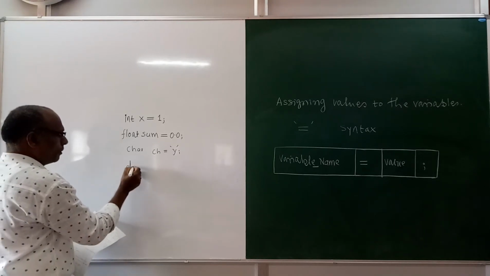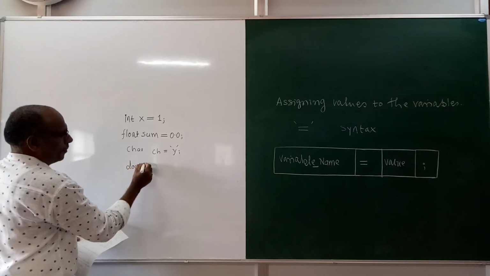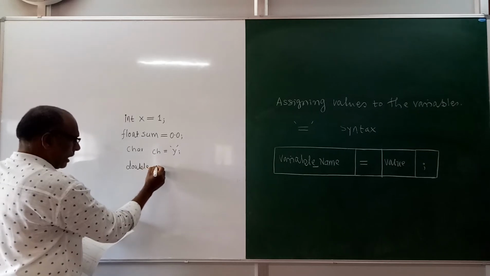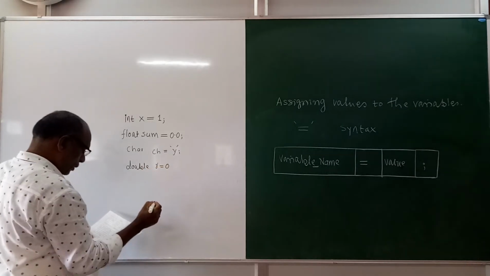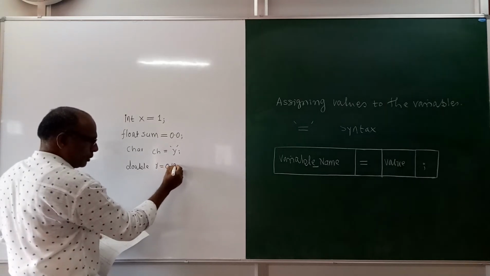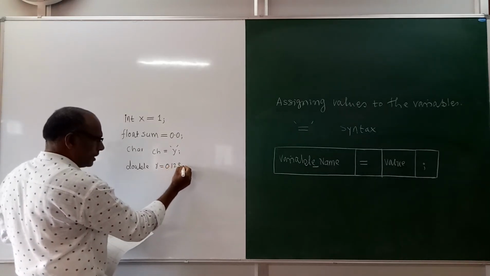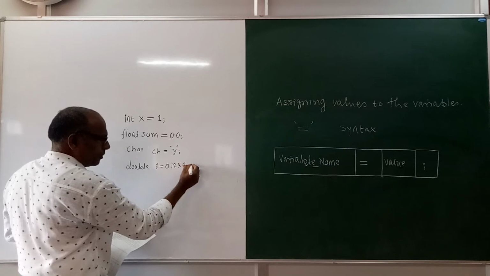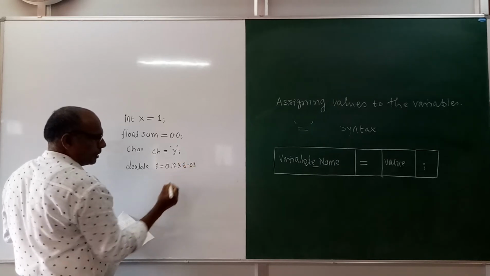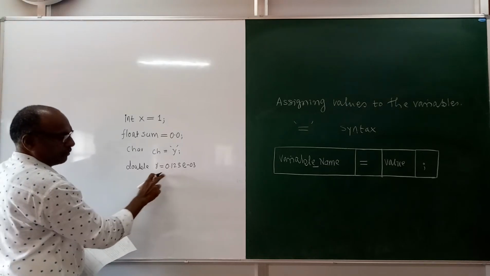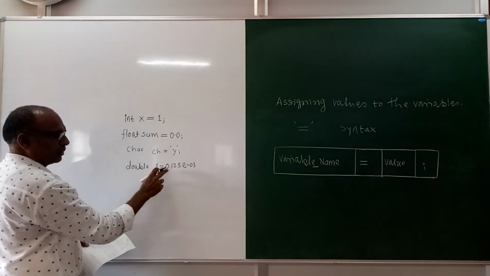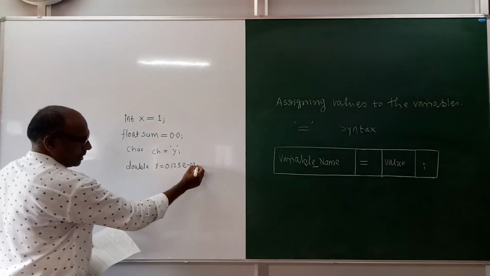So I will write one more, double, say r, equal to 0.123 something e to the power minus 3. This is the scientific way of assigning the value to the variable.